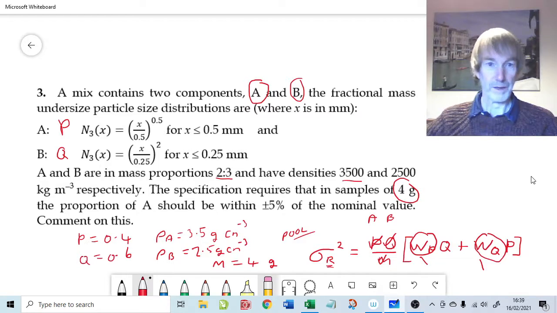Most importantly, note that the cumulative function is defined in terms of millimetres, and if we're going to use CGS, as I have been down here, then clearly we need to convert the millimetres to centimetres before we can do our calculations to work out the mean average particle mass using this distribution data.